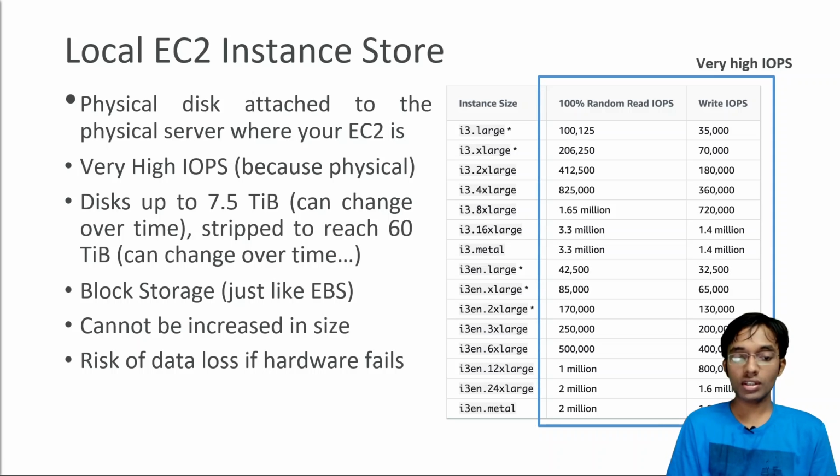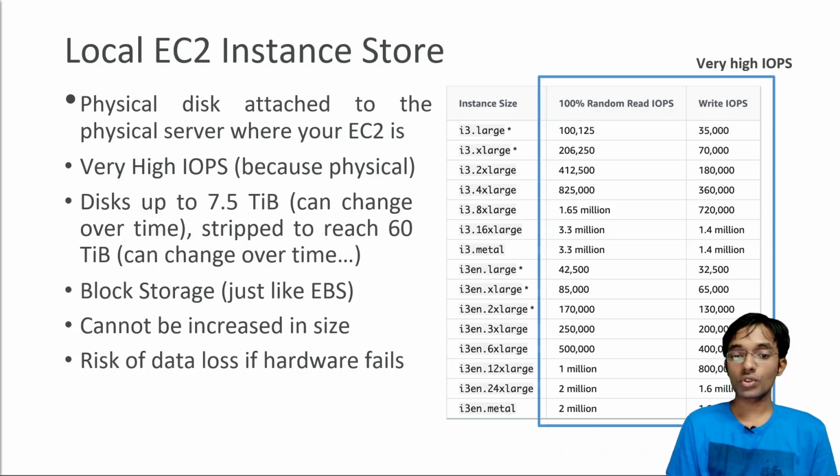As you can see, the disk can vary in size, and it can go up to, for example, 7.5 terabytes. And if you stripe them, so if you have them in parallel, you can reach, for example, 60 terabytes.